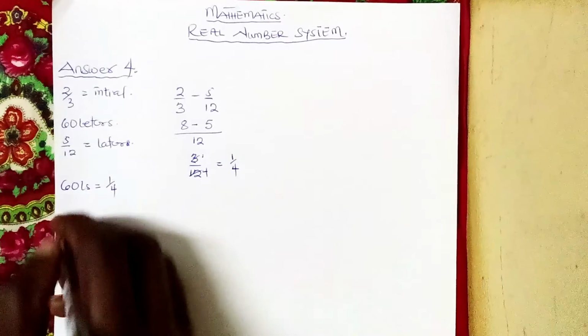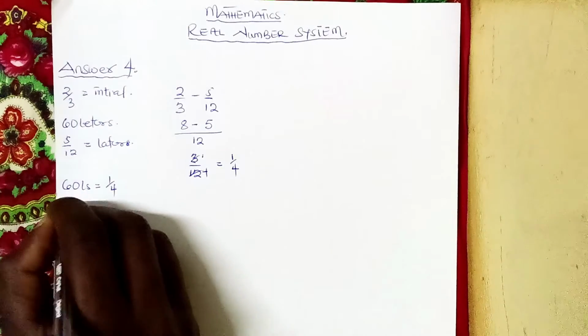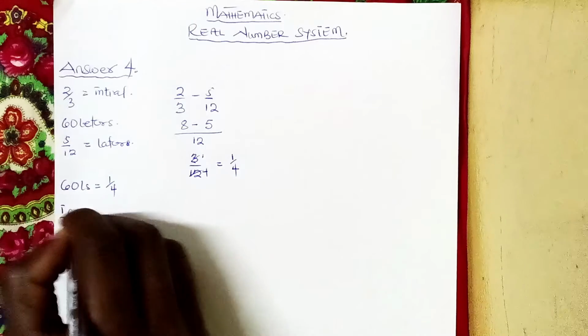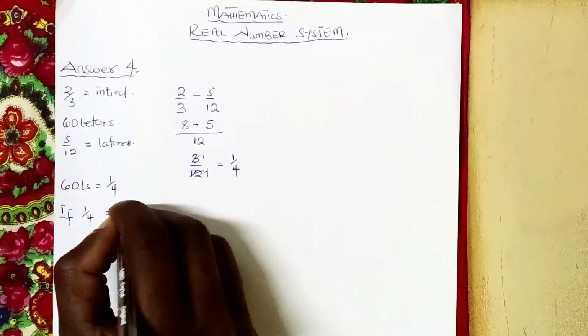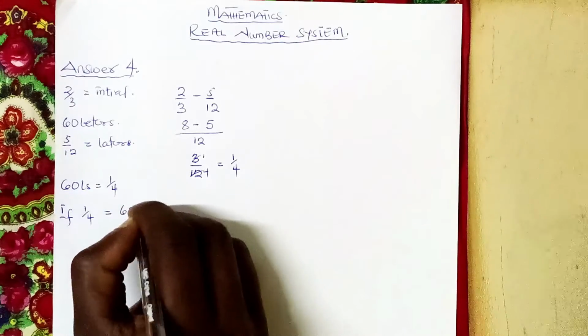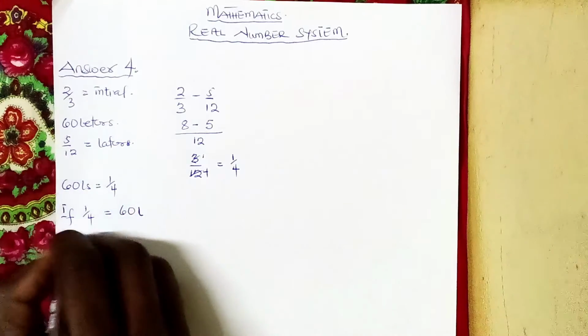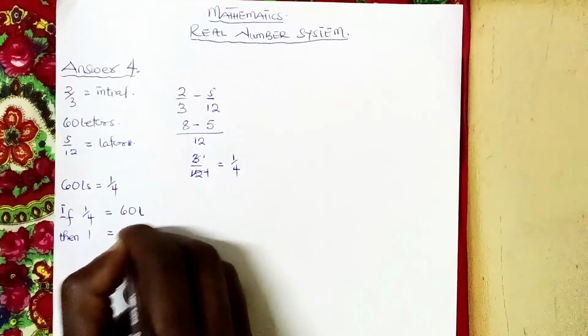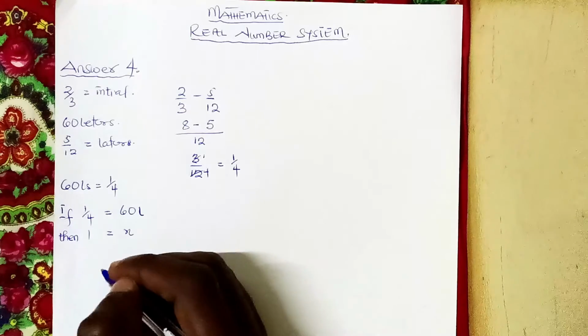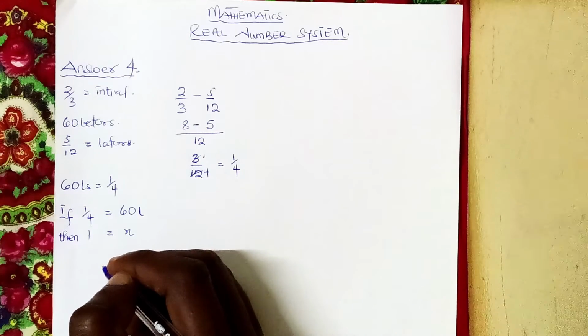Hence, we equate it in this way. If 1/4 equals 60 liters, then 1 equals x. The reason why we are using 1 is that it is the highest fraction in terms of this kind of questions.